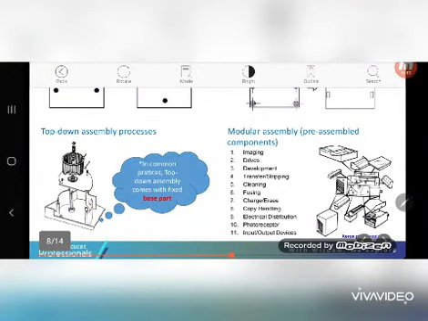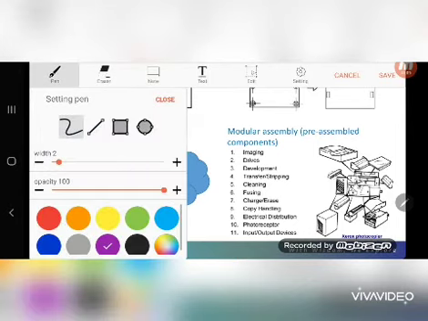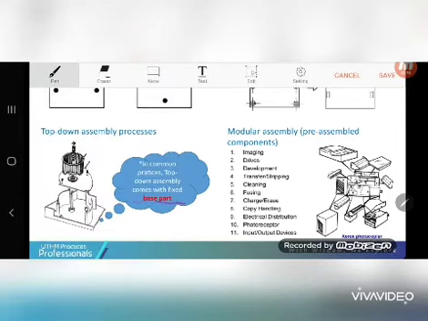This is the important one: the base part. Automatic assembly must have a base part, because there is no person to hold it and no one to control it. People are only there to monitor and observe the process and the machine, in case of breakdown or any jam. So automatic assembly usually must have a rigid base part.